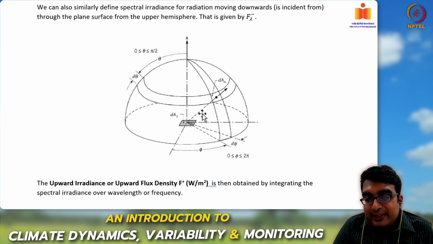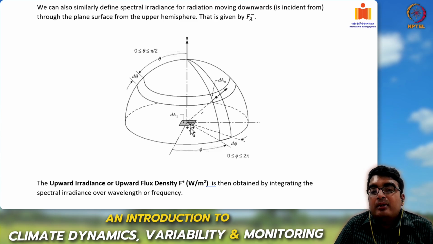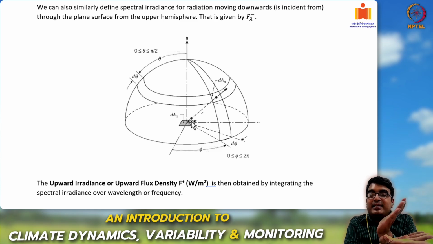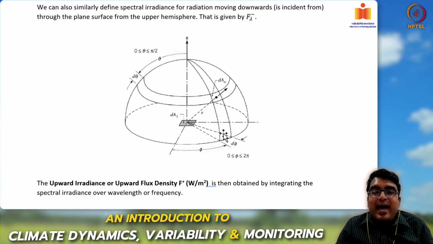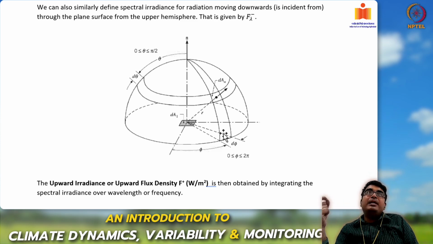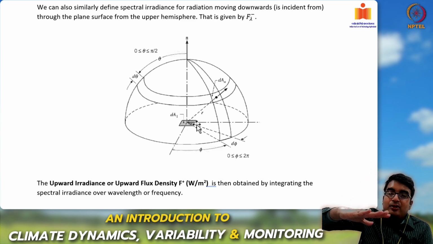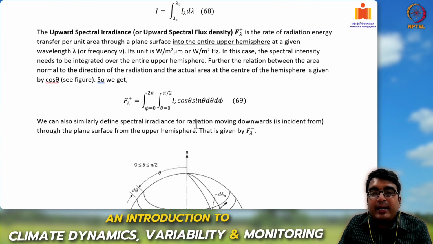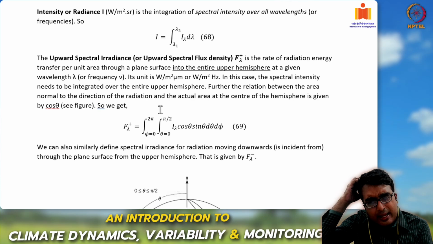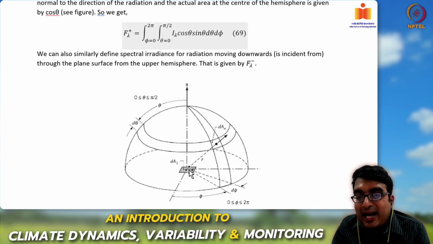However, this line has an inclination theta with respect to the hemispheric axis. So the normal area has an inclination theta with respect to the equatorial plane itself, and hence, just as we did in the beam spreading example, the actual plane area through which the radiation is passing in that direction is basically given by A cos theta. Okay. So the cos theta term comes into the picture as well.